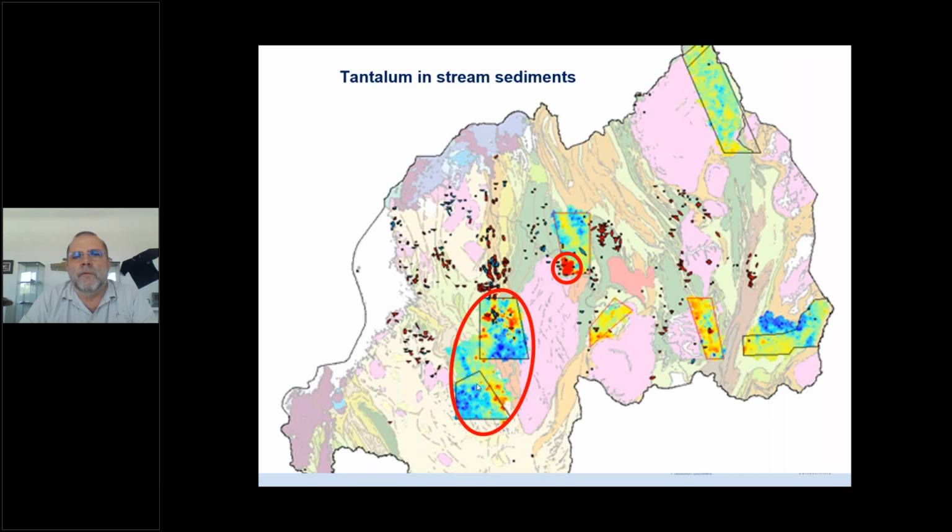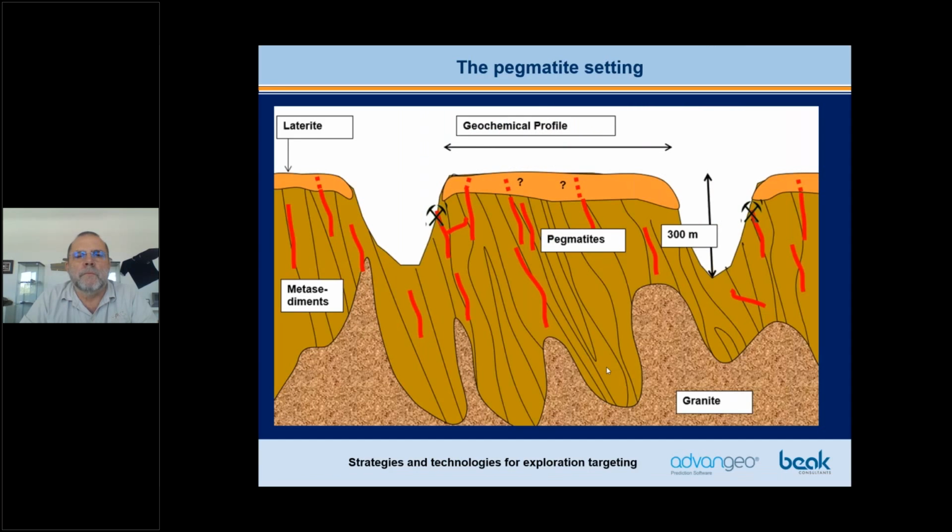What we see here is a stream sediment map of tantalum. So we can see high-grade anomalies and many low-grade tantalum geochemical fields. This sketch shows you the general picture.